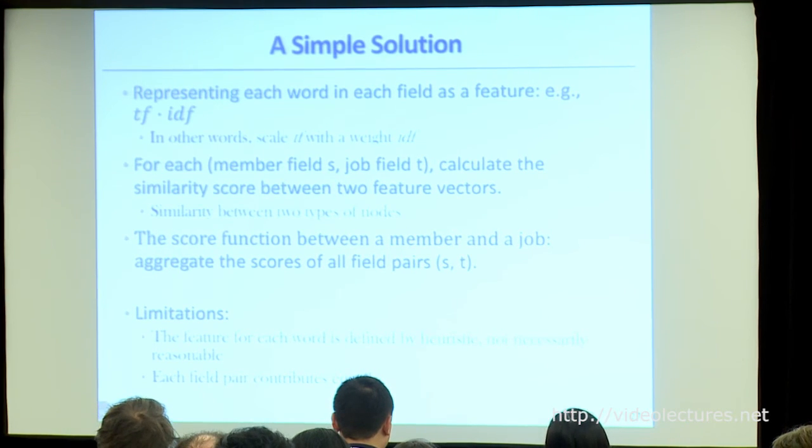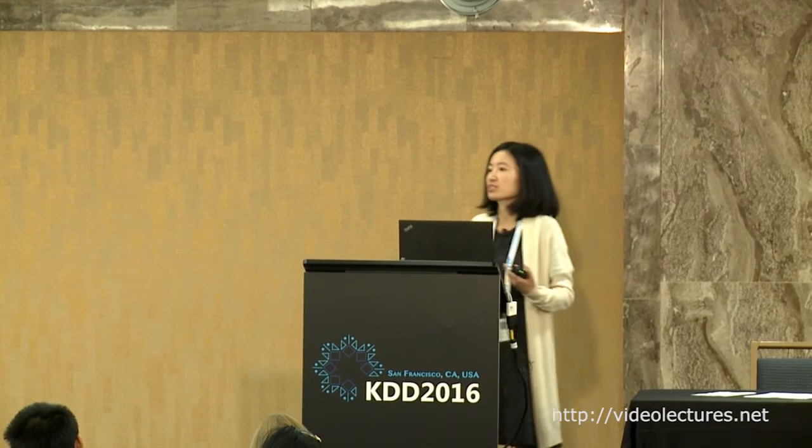The biggest limitation is that if you look at how we determine the feature for each word, we just use TF-IDF, and it's completely determined by heuristic. How can we tell whether that heuristic is good or not, and whether there is some better way to represent each word? It's not clear.